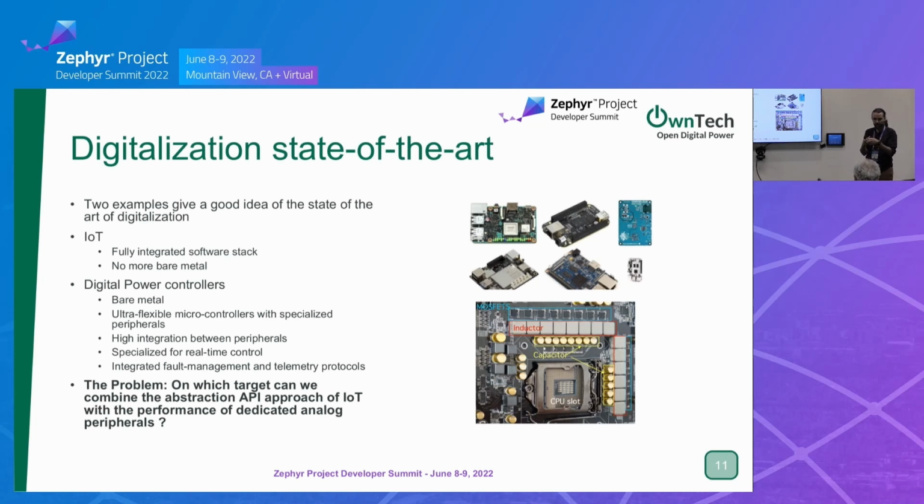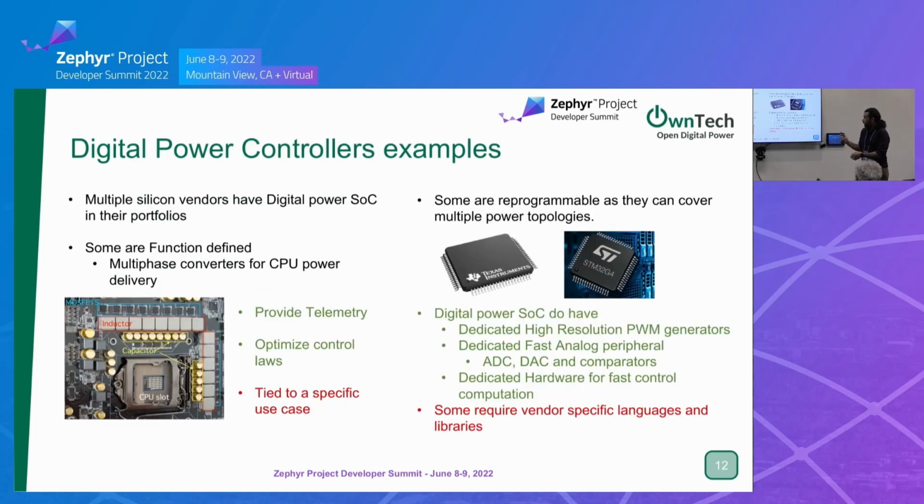So this stuff is made for power electronics. The problem here is: on which target can we combine the abstraction API approach of IoT with the performance of dedicated analog peripherals? How can we do that?